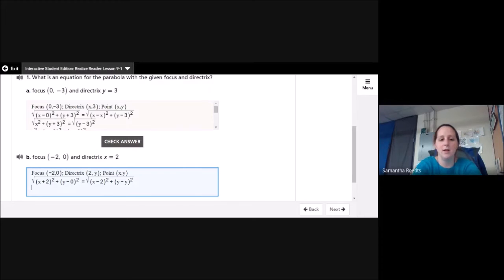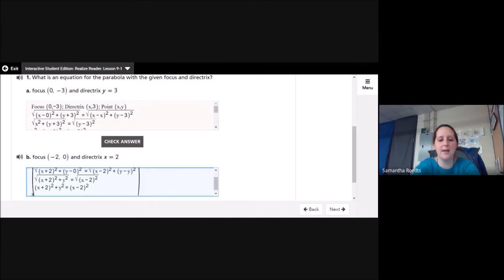So what that means is I have the square root of (x plus 2) squared plus y squared equals the square root of (x minus 2) squared. Again, I square both sides. That gives me (x plus 2) squared plus y squared equals (x minus 2) squared.